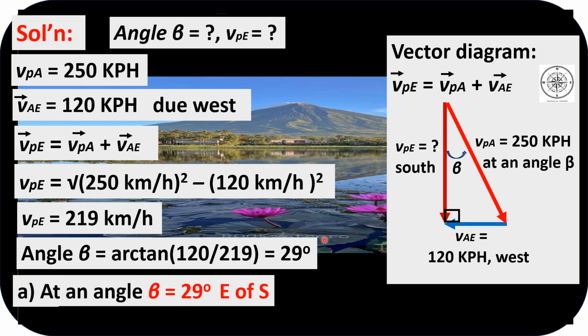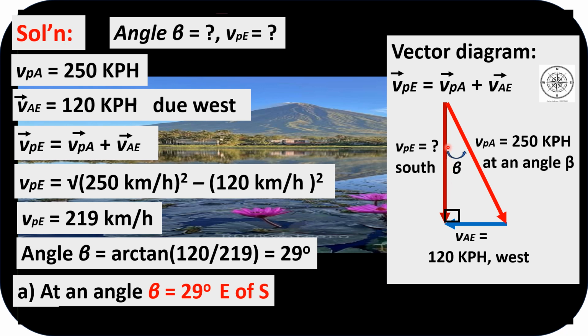So, in short, the answer to question letter A is angle beta equals 29 degrees east of south. In the drawing, we have indicated here that angle beta is the angle measured from the south axis.